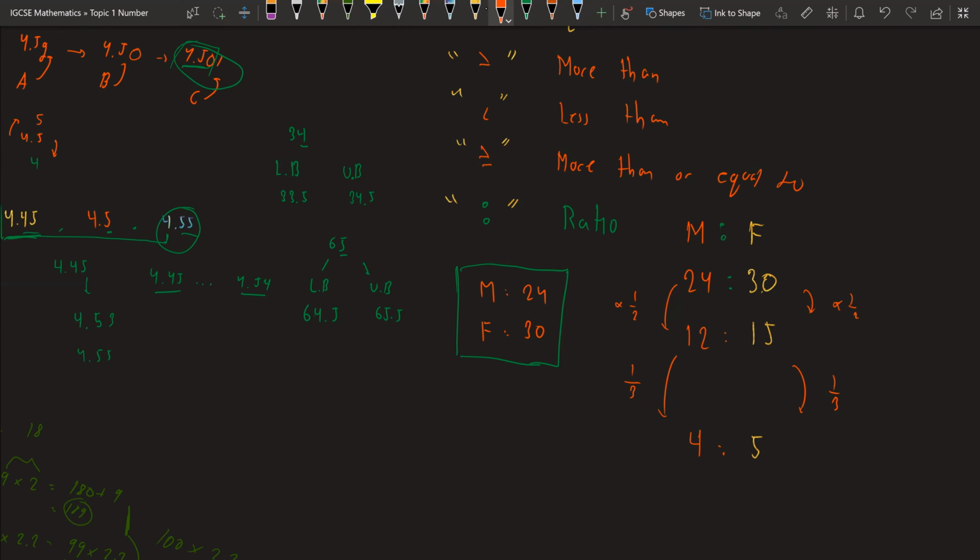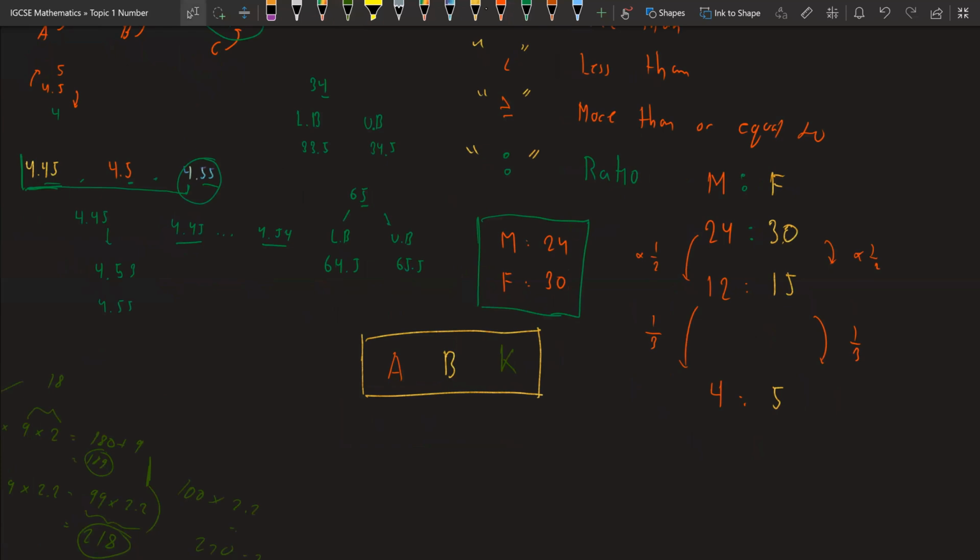So that's ratio. And it doesn't have to be just 2 variables. Let's say you go to a market and you have apples, bananas, and kiwi.